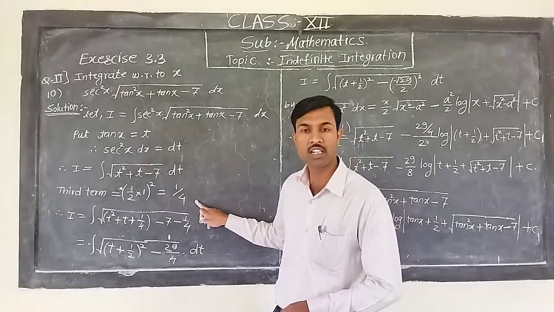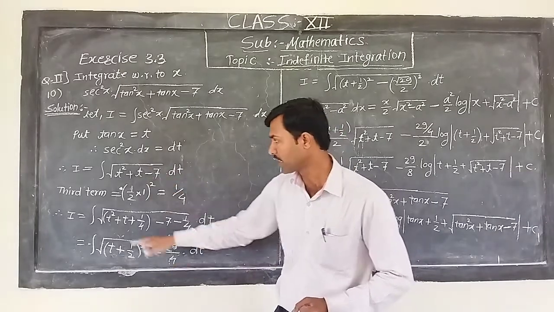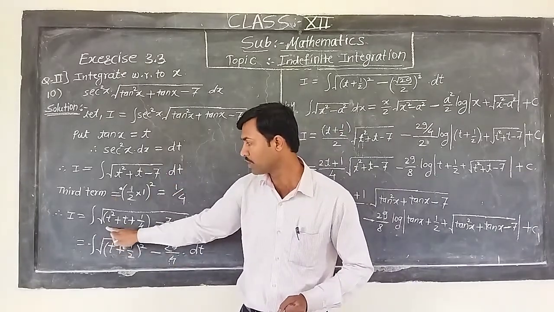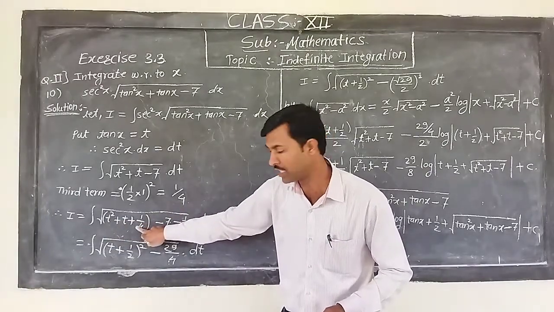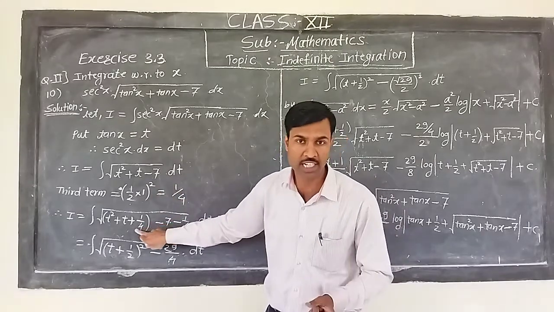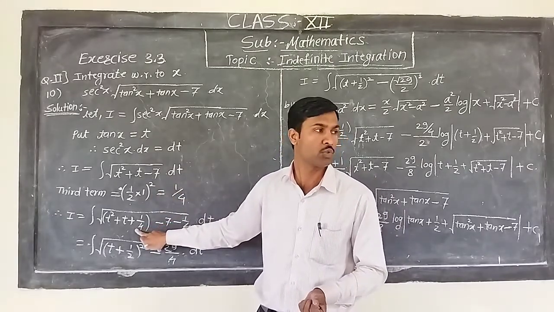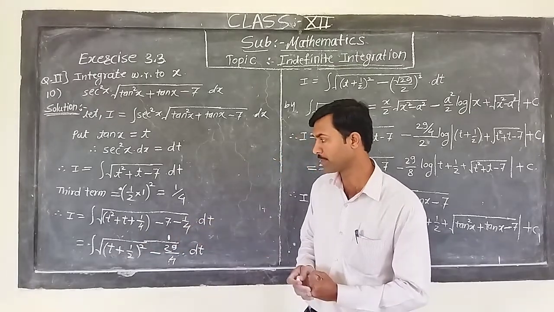After adding this third term 1 upon 4 in this equation, we get the integration of under root of t square plus t plus 1 by 4, and the remaining term is minus 7 minus 1 upon 4 into dt. As we have added it here, we have to subtract to balance this equation.